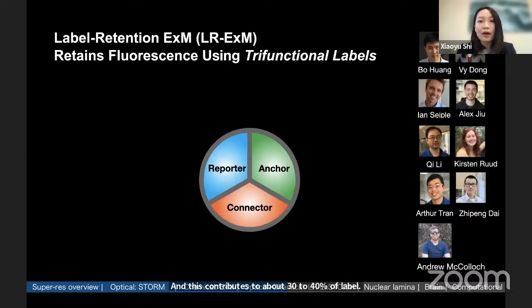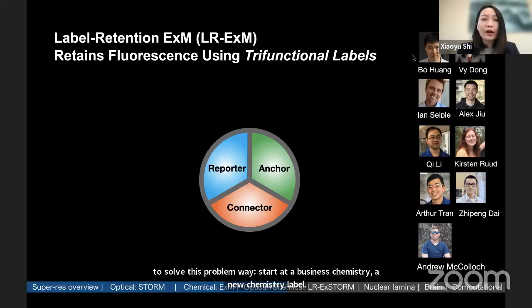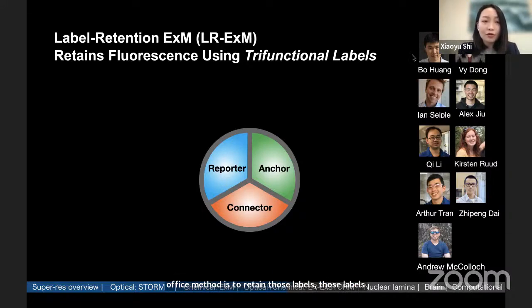To solve this problem, we started with a new chemistry label. We call it trifunctional label. And the goal of this method is to retain those labels in the hydrogel for the downstream imaging.